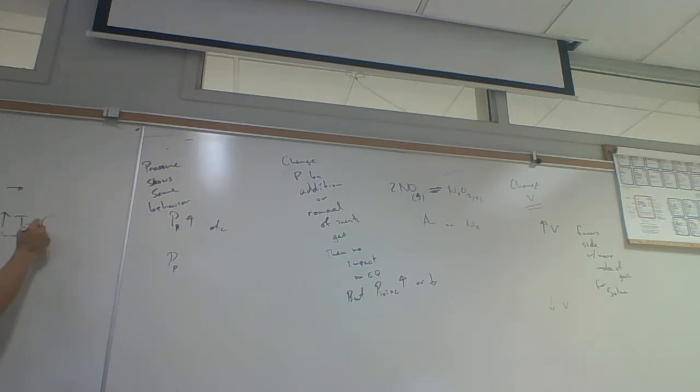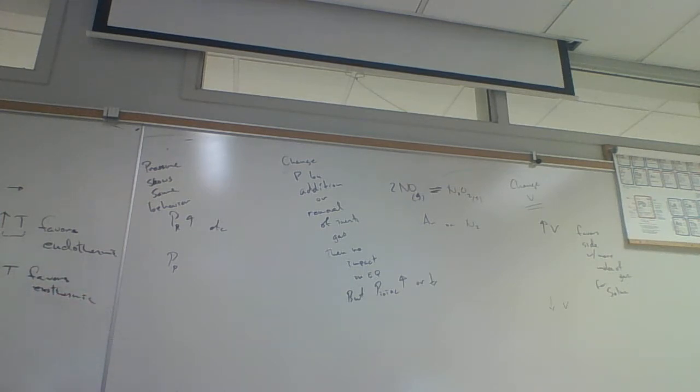Increasing temperature favors the endothermic direction. The way I always remember this is ice. Melting ice is endothermic. Do you want to increase or decrease temperature to melt ice? You want to increase the temperature. Decreasing temperature favors exothermic.